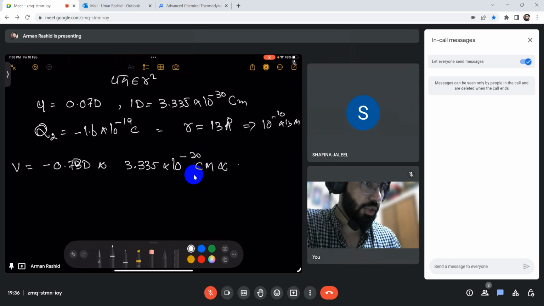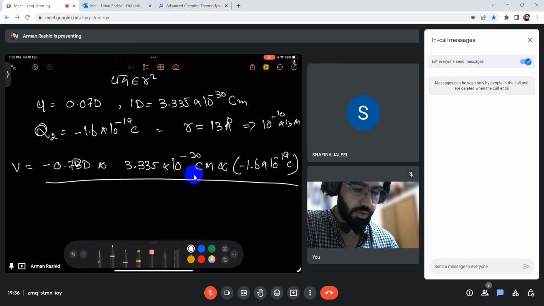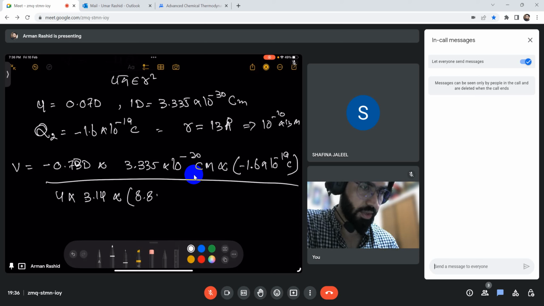Then we'll determine Q is minus 1.6 into 10 to the power minus 19 coulomb. 4 pi is 3.14 multiplied by epsilon naught, which is 8.85 into 10 to the power minus 12.